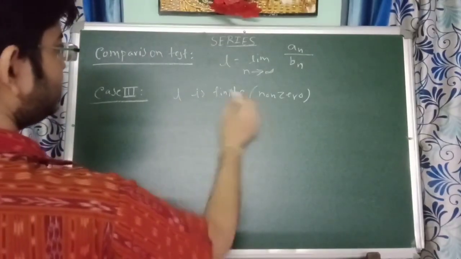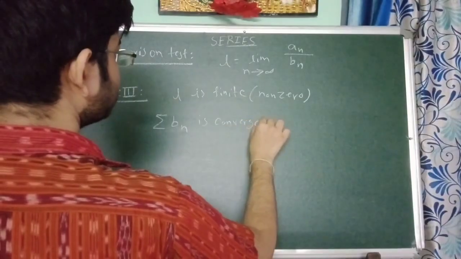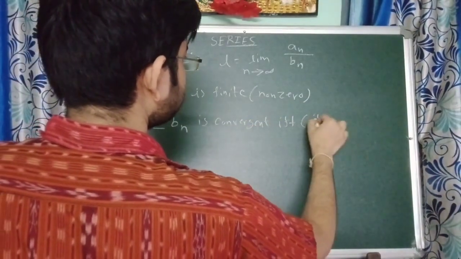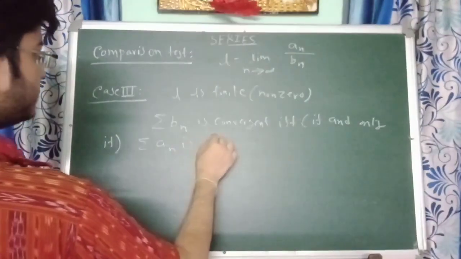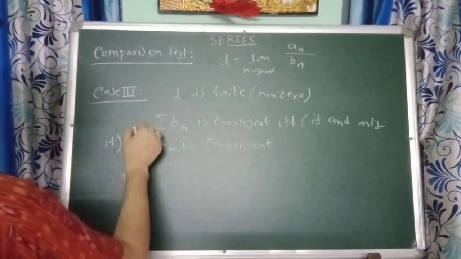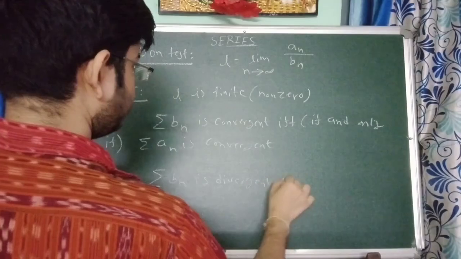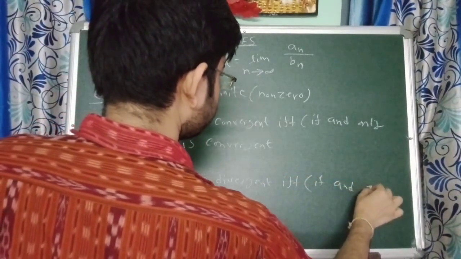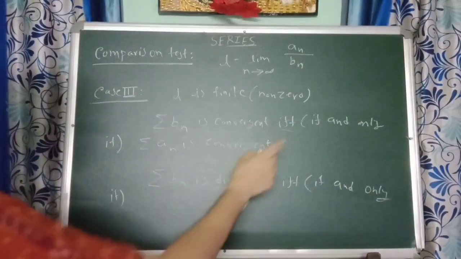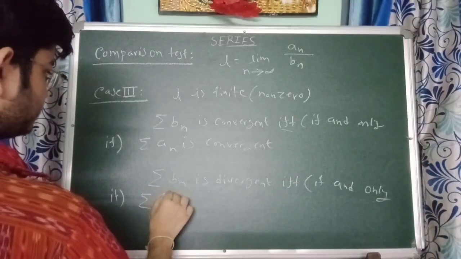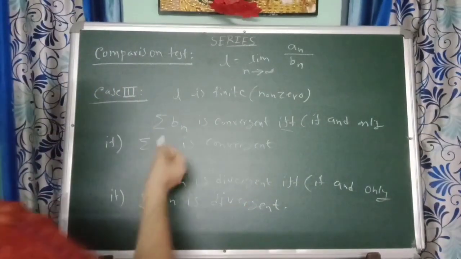Then when L is finite, summation b_n is convergent if and only if summation a_n is convergent, and summation b_n is divergent if and only if summation a_n is also divergent.